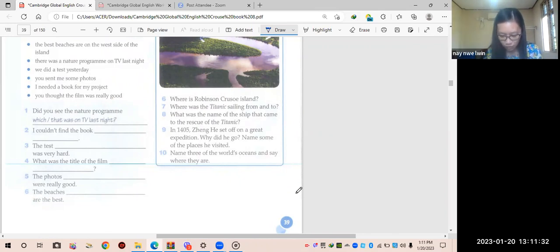Okay. How do we call a stick that we have to use to keep balance while we are doing skiing?